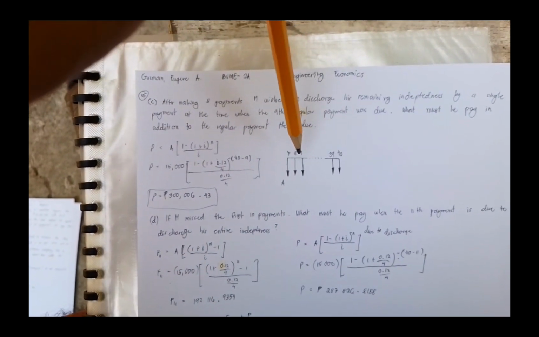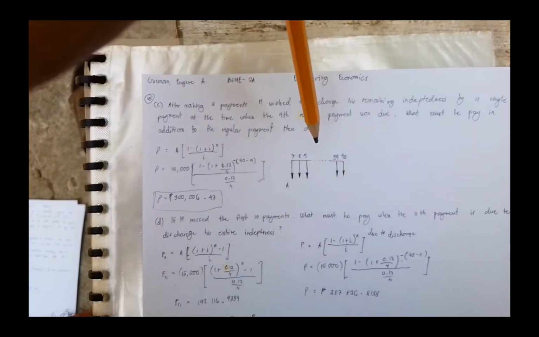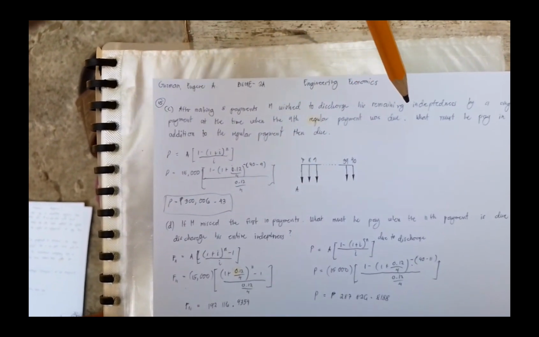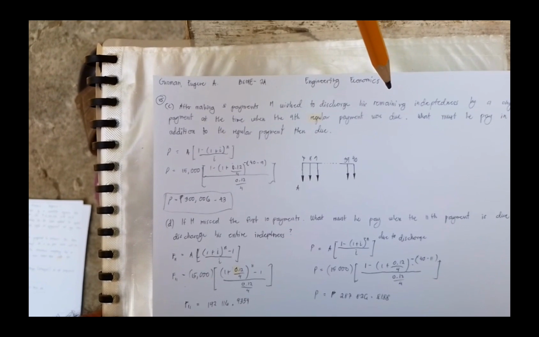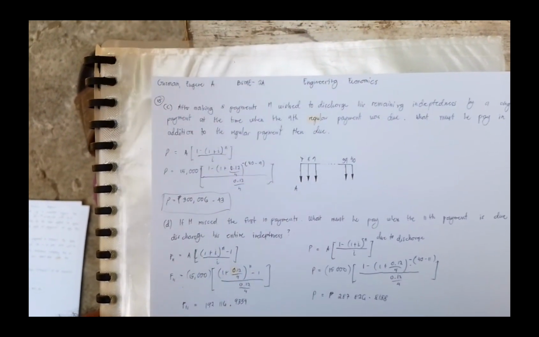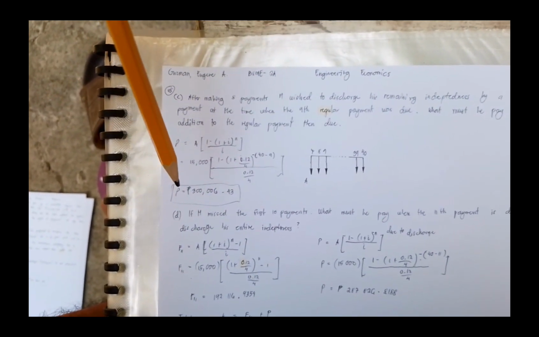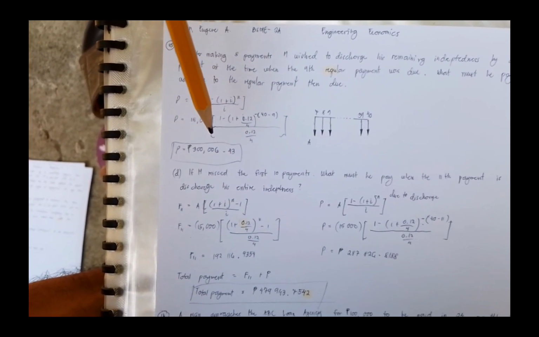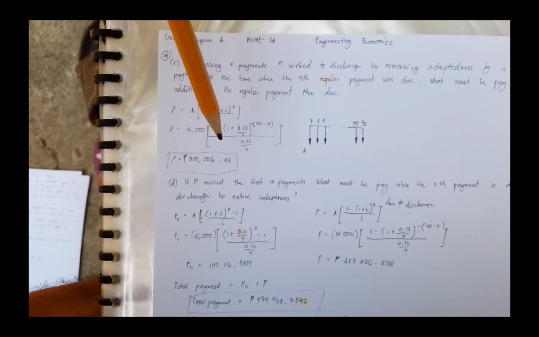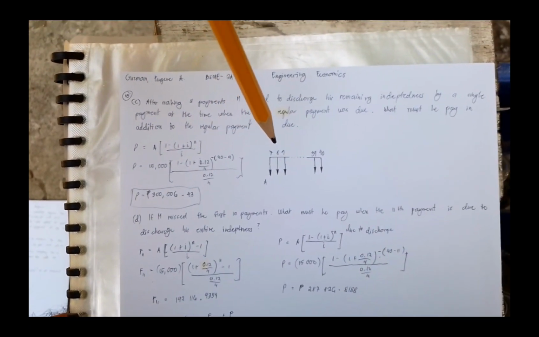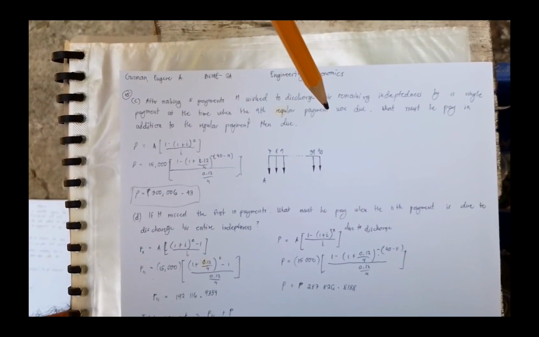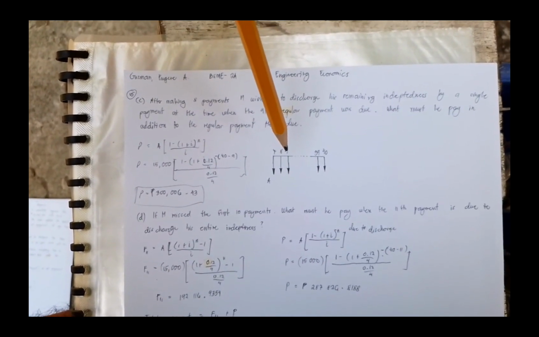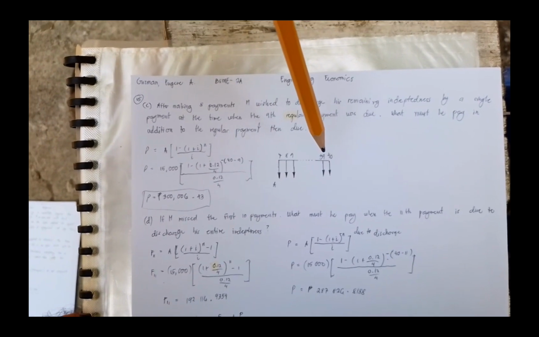Since he wishes to discharge his remaining indebtedness, we can get our value, which is 300,006.43 pesos. This is the value after the regular 9th payment out of 40.